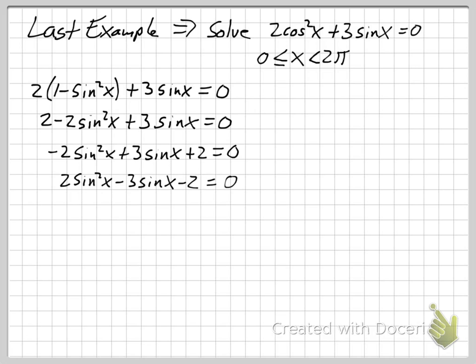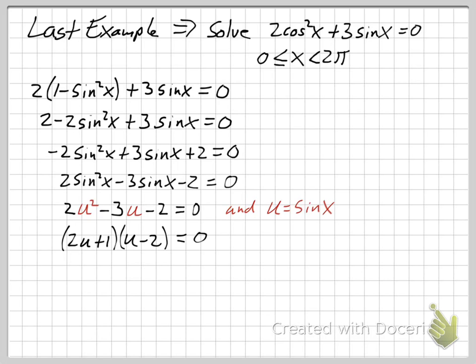And so I know how to do that. I'm just going to let u equal sine x. If you can see this as a quadratic and you don't have to do the u substitution, more power to you. And this really looks a lot like the last example.